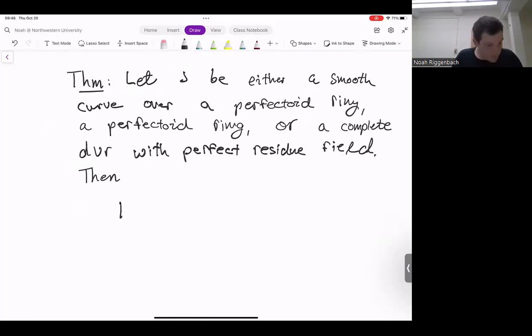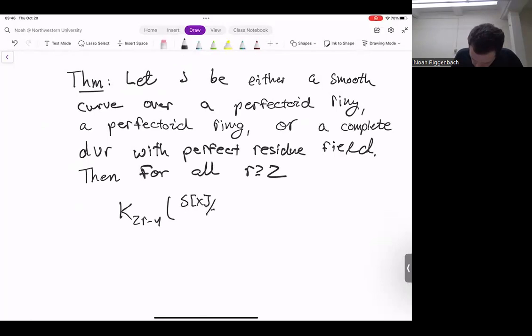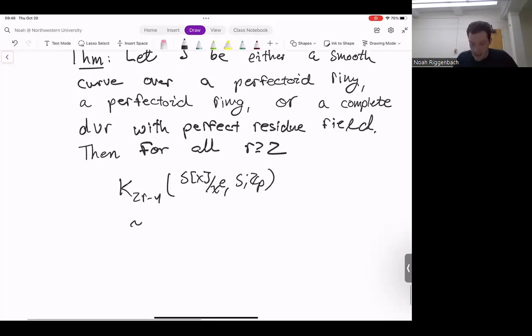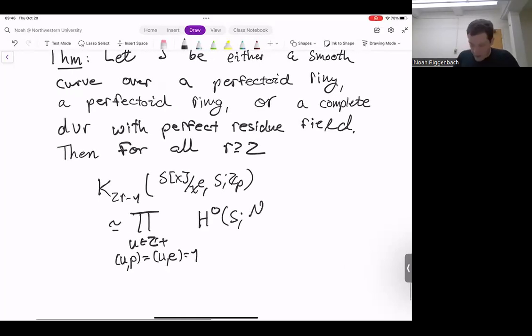Then the odd K groups. I can't get the K0 or K1, but for all higher K groups, the odd K groups, and we're working one prime at a time, so let's just p-complete this, will be given by the product over positive integers which are coprime to p and to e of the zeroth cohomology of S with coefficients in the following sheaf.